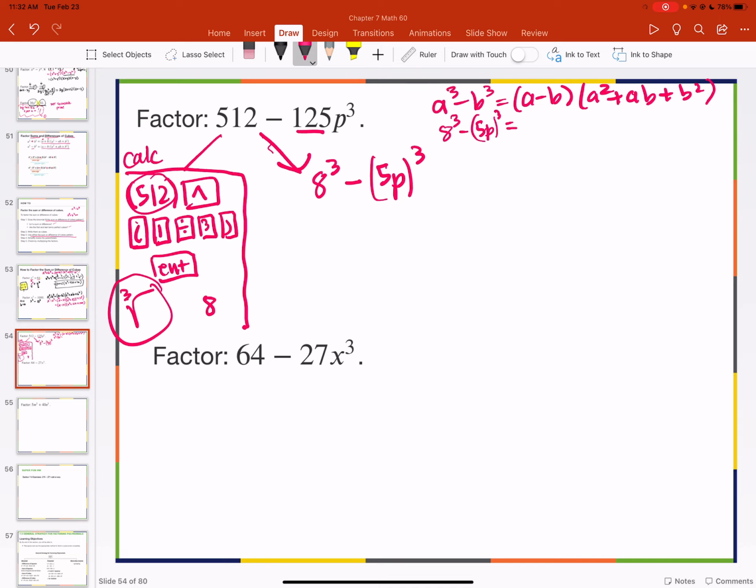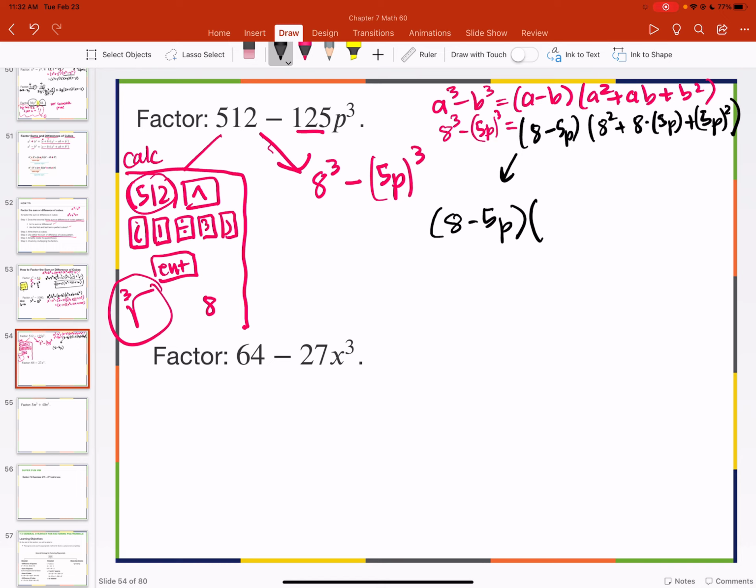So then just writing down 8 minus 5p, so then you have 8 squared plus 8 times 5p plus 5p, the whole thing squared. Okay, so I'm going to simplify this stuff.